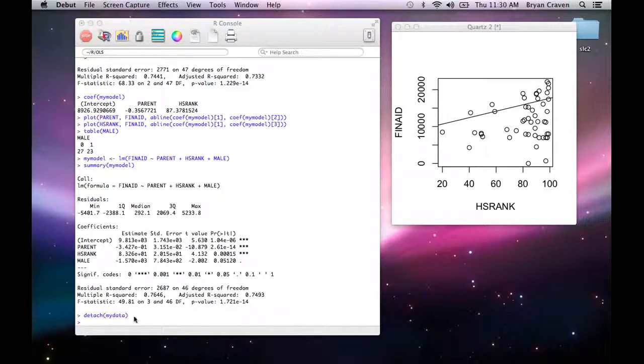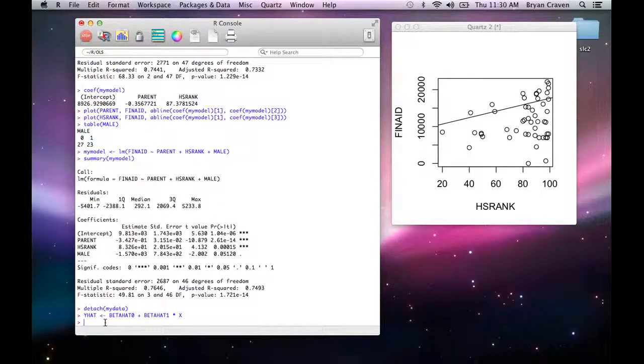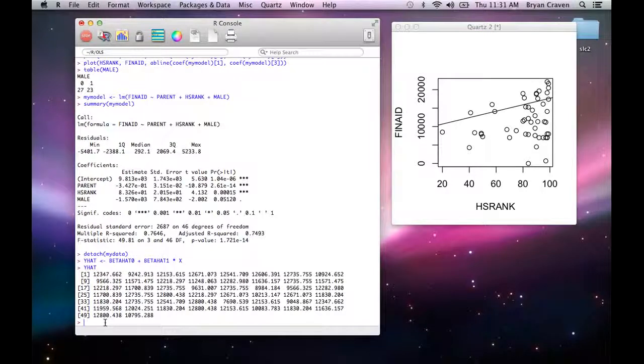So we're going to say y hat is equal to beta hat 0 plus beta hat 1 times x. And this is going to give us a bunch of estimated y's, right? So y hat, great, look at all that. So now that we have the y hats in our data, we can calculate the residuals.